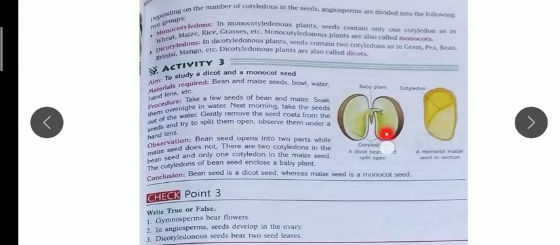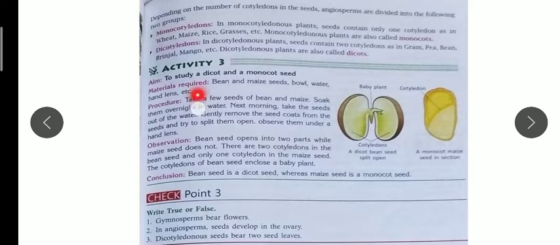Here a dicot seed is split open beside a monocot seed. A dicot seed contains two cotyledons as in gram, pea, bean, brinjal, mango, etc. They are also called dicots.